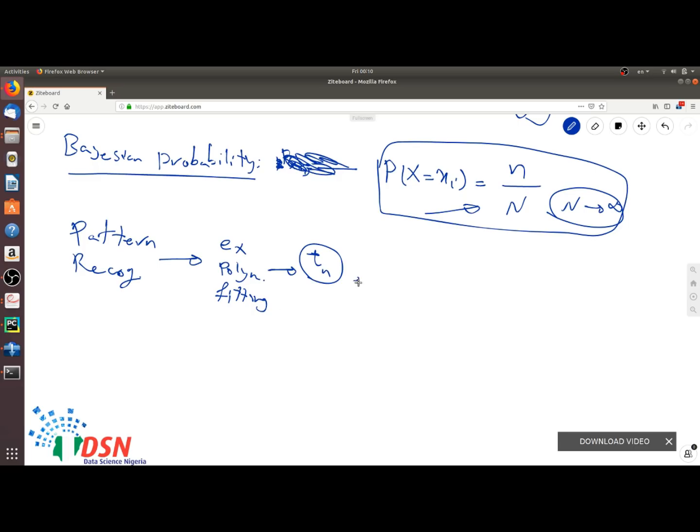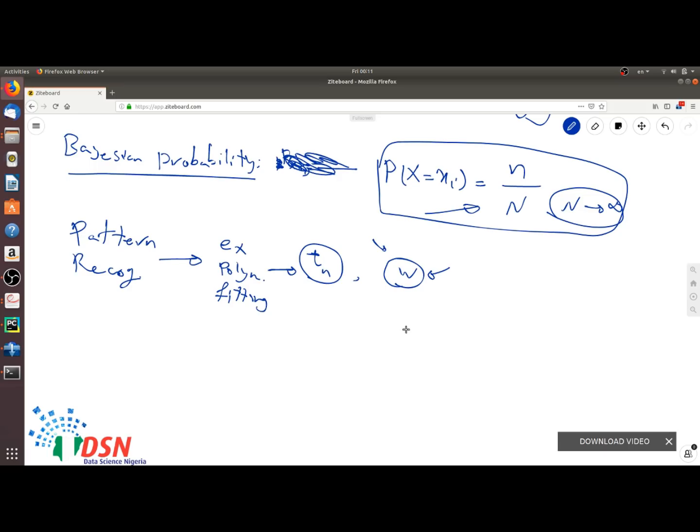In the Bayesian interpretation, we are interested in the uncertainty of the model parameters, because at last we want to have the true model parameters, and so we want to know how much we are confident in the W's, the model parameters, or how much uncertainty there is in the model parameters.